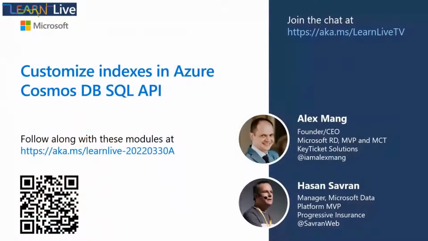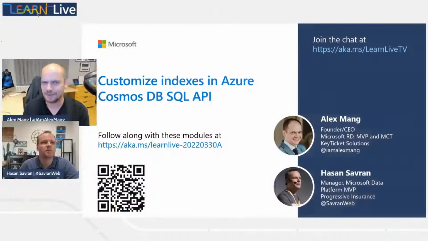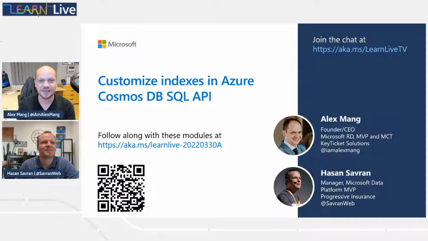Thank you for doing that. And my name is Alex Mang. I'm going to be your host along with Hasan today. I run a company based in Romania, in Transylvania to be a bit more specific, which has been on the cloud and around the cloud and over the cloud, I guess, and under the cloud even, for the past 12 years, literally ever since Microsoft Azure was a brand new thing. It was a baby back then. We picked it up, we loved it, and we have gone with it ever since.